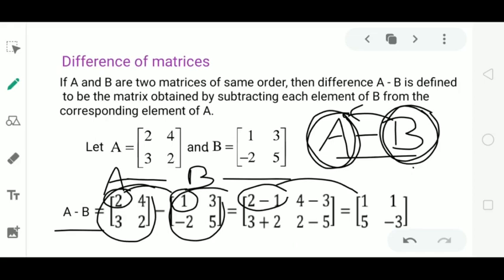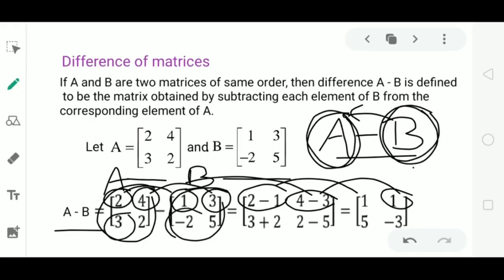For the next element, second element 4 of matrix A minus second element 3 of matrix B, which is 4 minus 3, results in 1, written in the second place. Third element 3 of A minus third element minus 2 of B. 3 minus of minus 2 is 3 plus 2, which results in 5. It is written in third place.